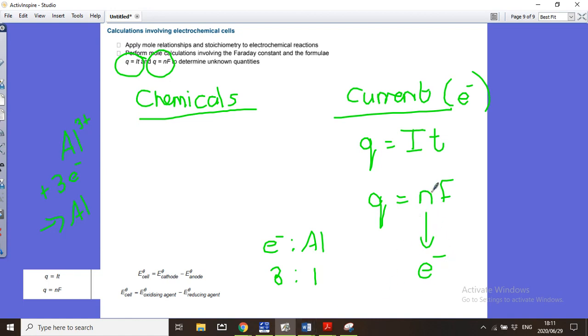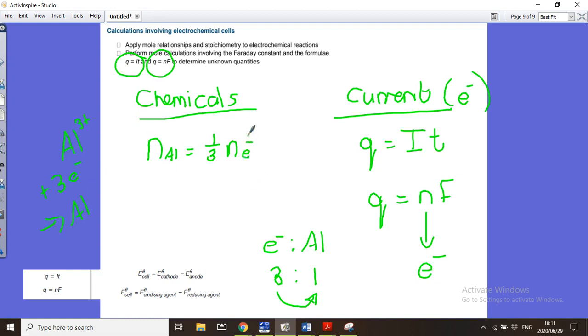So whatever your answer is here for your electrons, you're going to have to divide it by 3 to get to aluminium, same as your normal mole calculation. So your moles of your aluminium is going to be a third of your moles of your electrons.